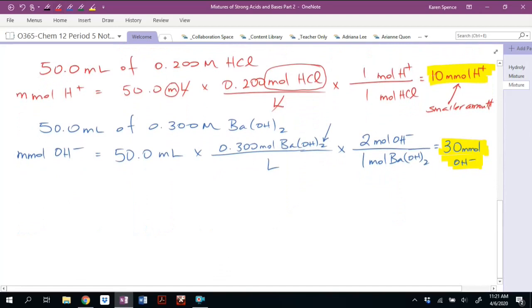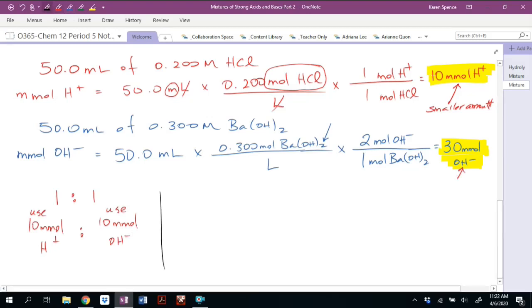So hopefully that's obvious, right? Because it's a 1 to 1. So if we use 10 millimoles of hydrogen, we will also be using up 10 millimoles of hydroxide. Okay, and that means that we are going to have some of the hydroxide left over.